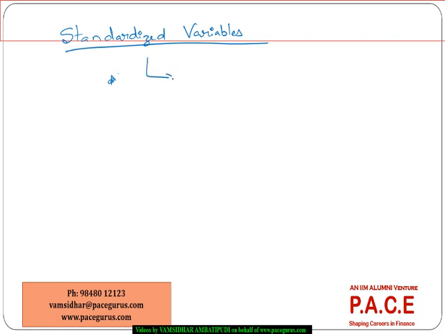But when I convert a variable in such a way that its mean is 0 and its standard deviation is 1, I call those kinds of variables standardized variables. And how do I do that?